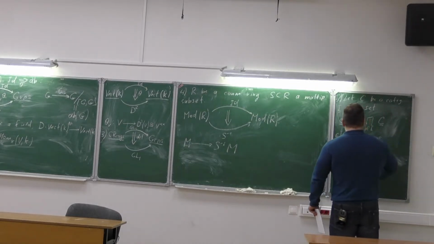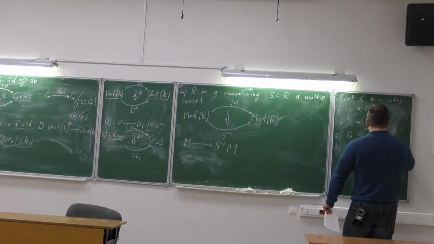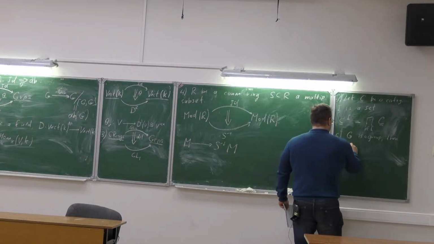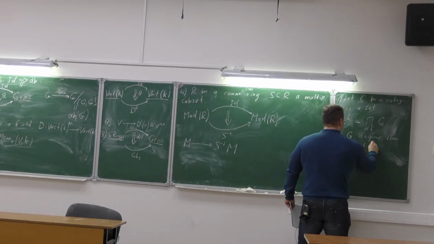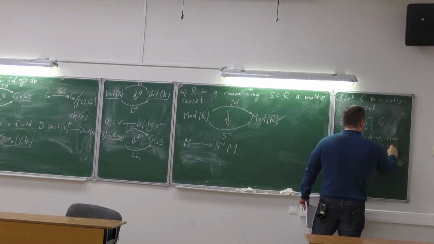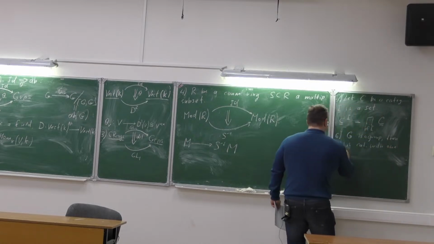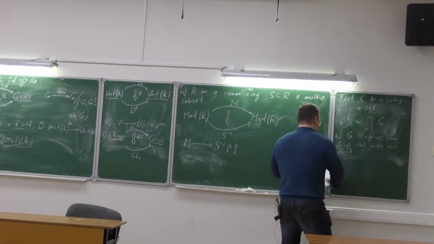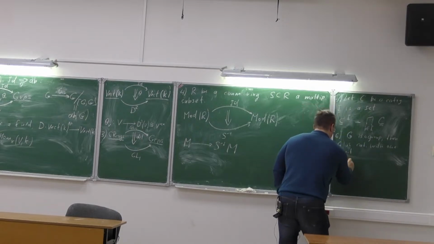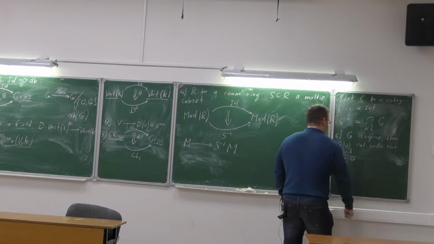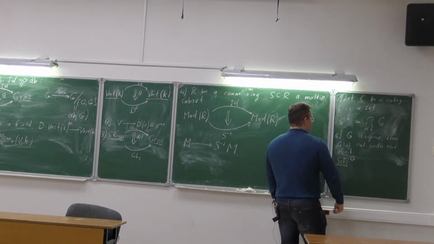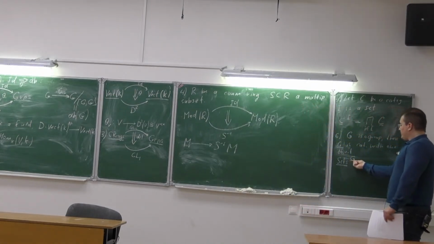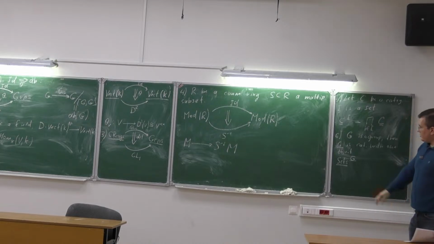So G is a category with one object, as we discussed last time, and I can look at the following. I take the category of all sets. If I want to consider G as a category, I'm going to write G underlined. So what is this category of functors and natural transformations from G to the sets?